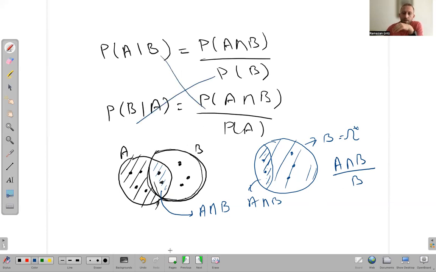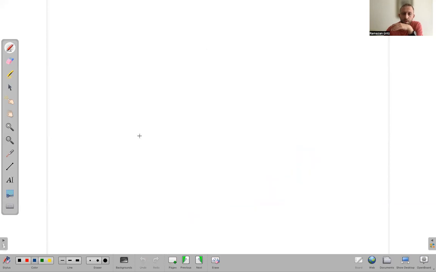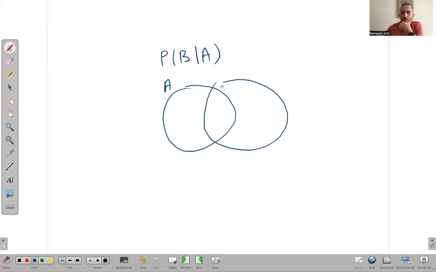Let's do the same thing for the second one. In this case, I will look for the probability of B given A. Again, I have 2 events, with some points.